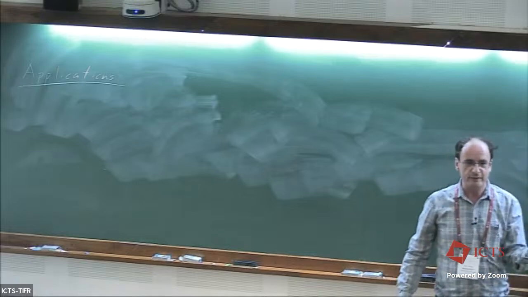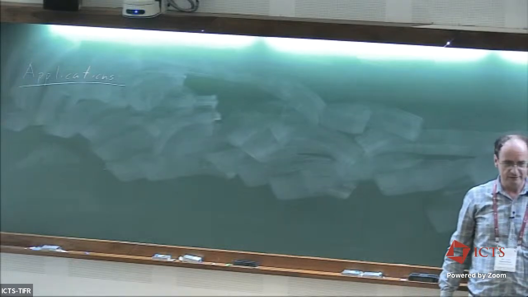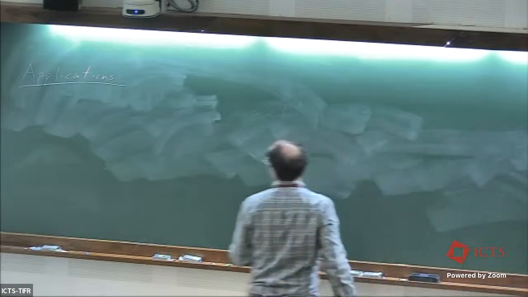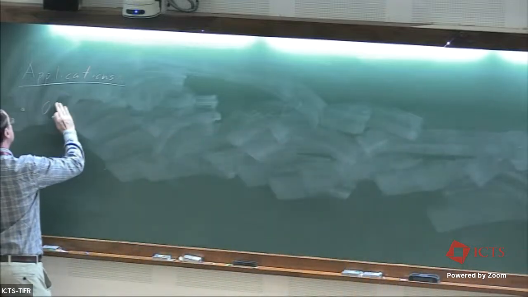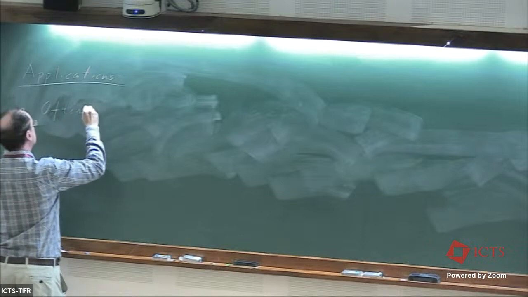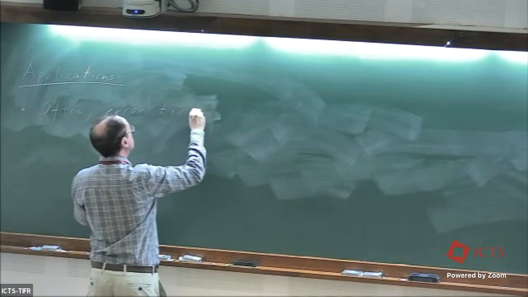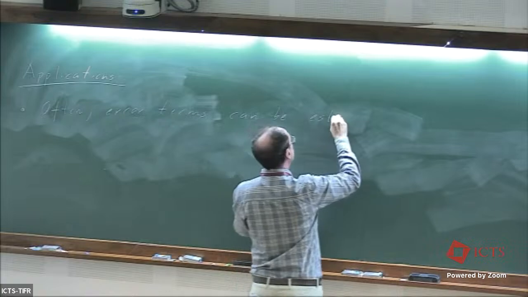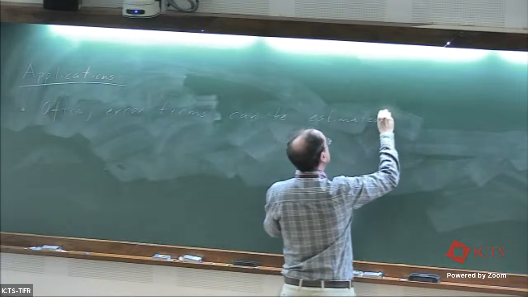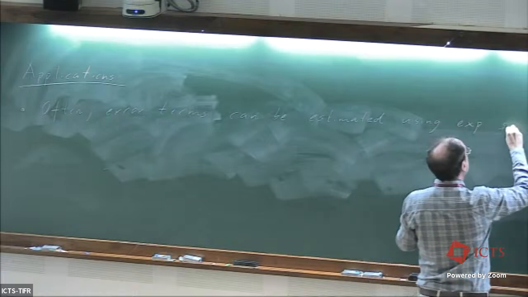Then we are left with some error, and that error can be Fourier developed. Often error terms can be estimated using exponential sums.